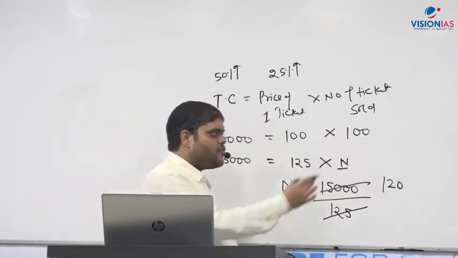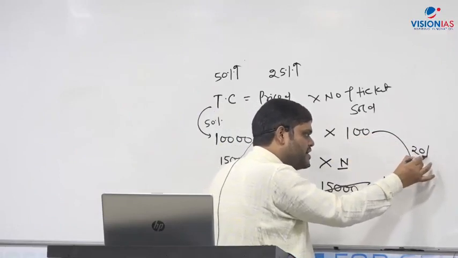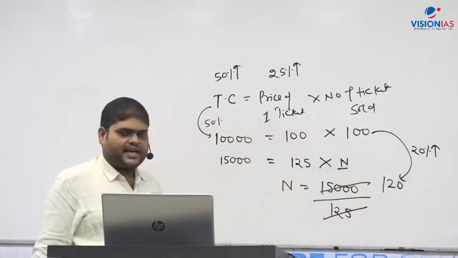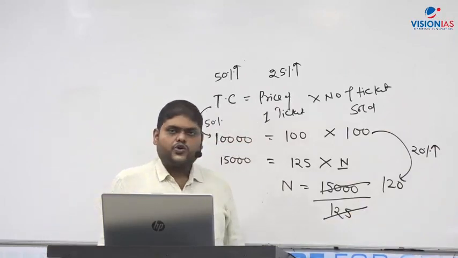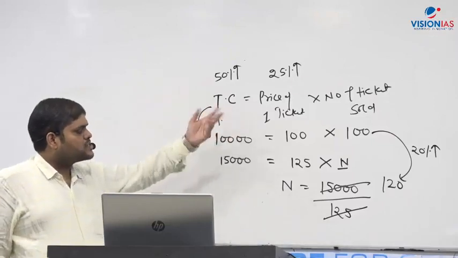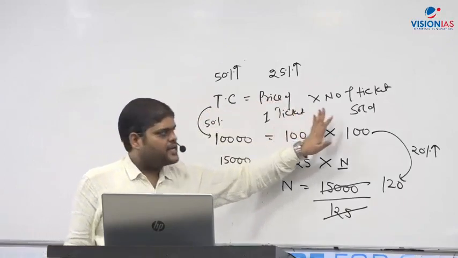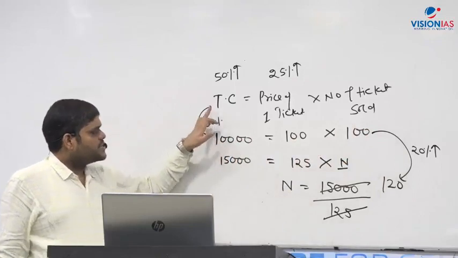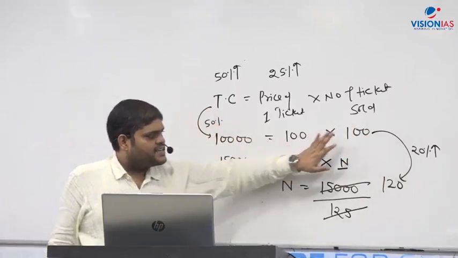So anything was 100, now that value becomes 120. So how much did it increase? It increased by 20%. I'm repeating. Total collection is equal to price of one ticket into number of tickets sold. Now, the total collection is increased by 50%. I have taken 100, 100.